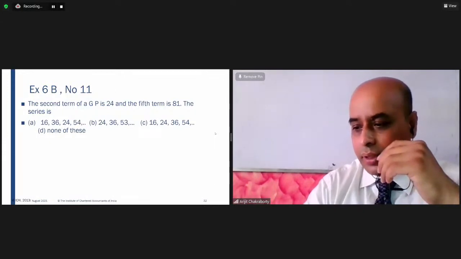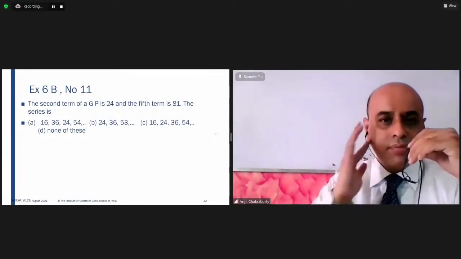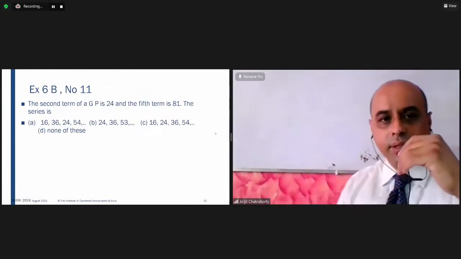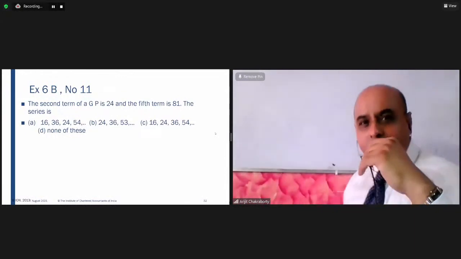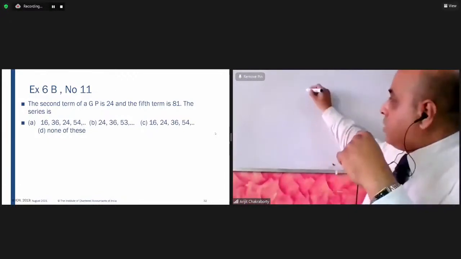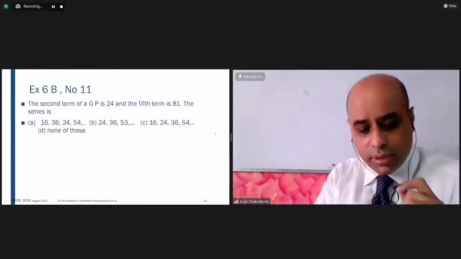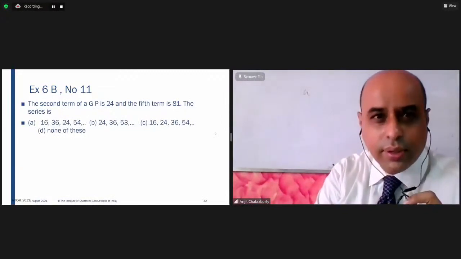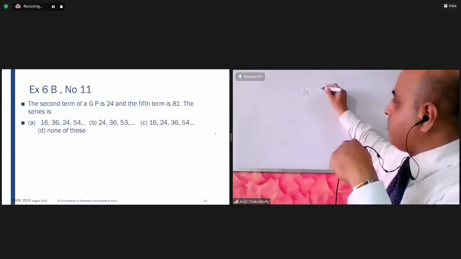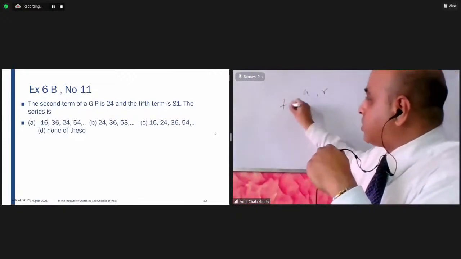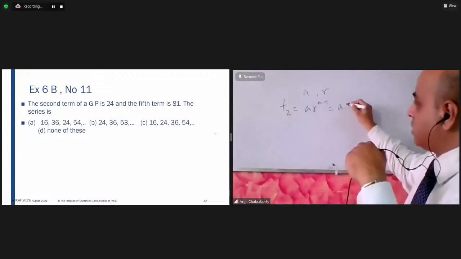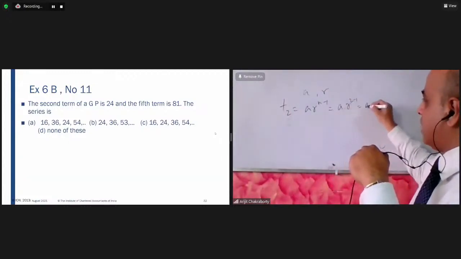Right. Now, the second term of a GP is 24 and the fifth term is 81. Let's try to work it. Let us take the first term as A and the common ratio as R. The second term, T2 is AR^(n-1), that is A into R into 2 minus 1, that is AR.